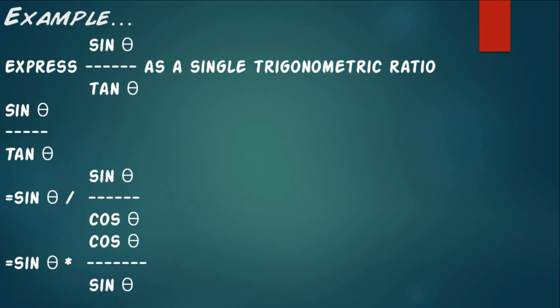Then your answer will be cos theta, because sine theta and sine theta give you a 1. So 1 multiplied by cos theta is cos theta.